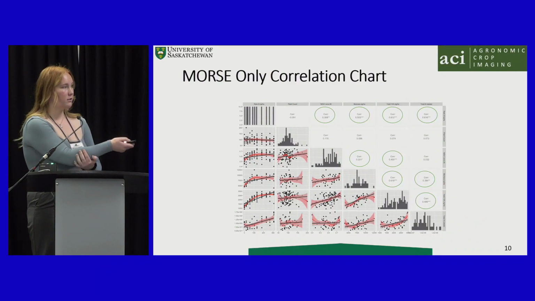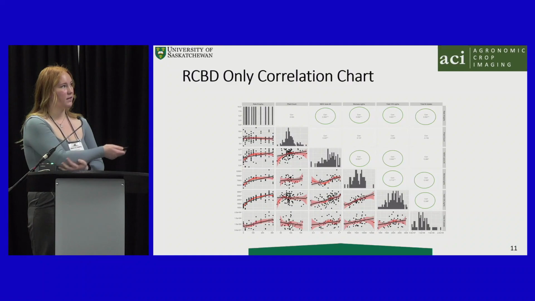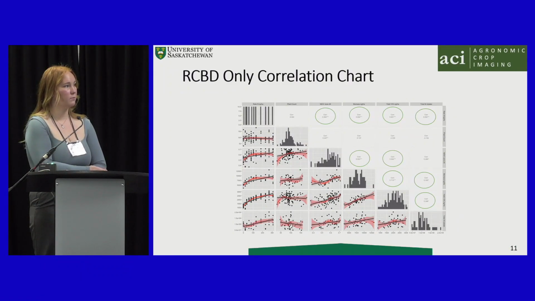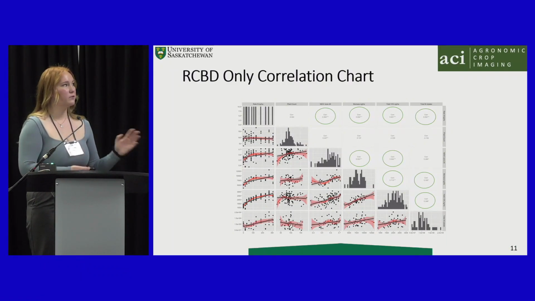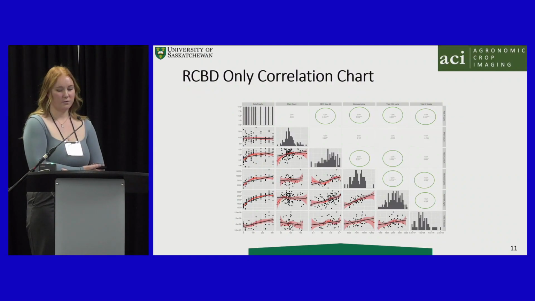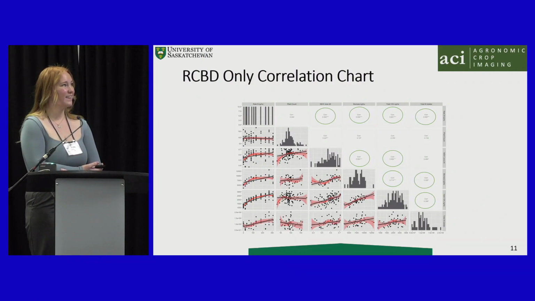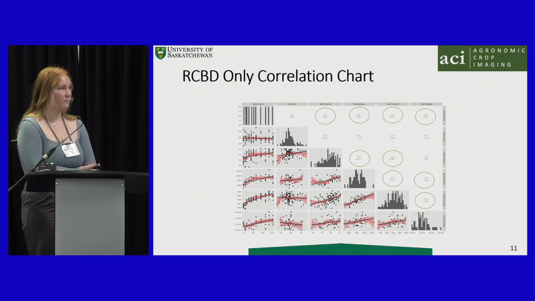So this is just the MORS only, and then the RCBD only as well. And again, those results that I was showing with the yield, you can go through those same graphs that I was showing previously.